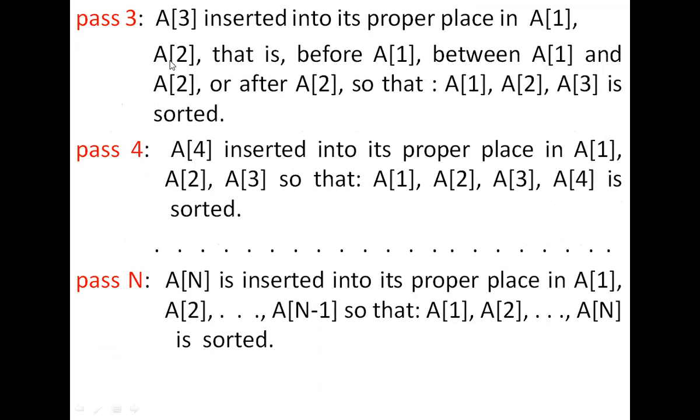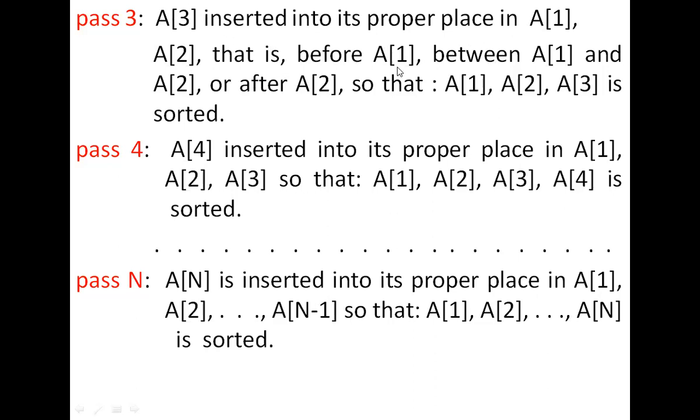Then in step 3, A of 3 is inserted into its proper place in A of 1, A of 2, because these two elements are already sorted. What is the proper place for A of 3?